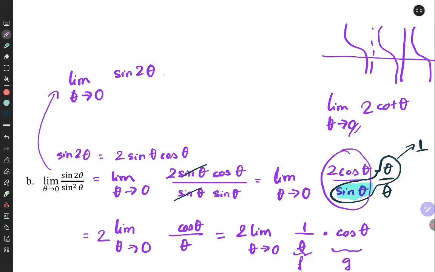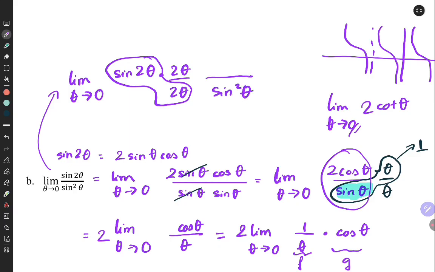Now you know the idea: you multiply by 2 theta divided by 2 theta to have that in the numerator. And then the denominator, sine squared of theta. For the numerator, I multiply by 2 theta divided by 2 theta.